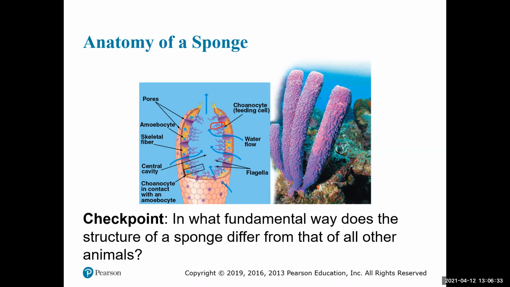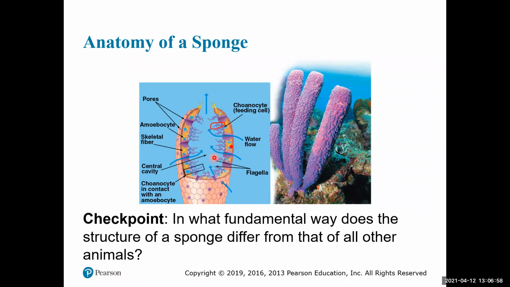And with these choanocytes, notice that there are flagella on the end of these choanocytes. And that flagellum, again, beats back and forth, and it pulls water through the pores from outside of the sponge to the inside of the sponge into that central cavity.